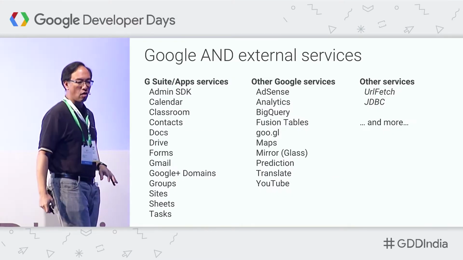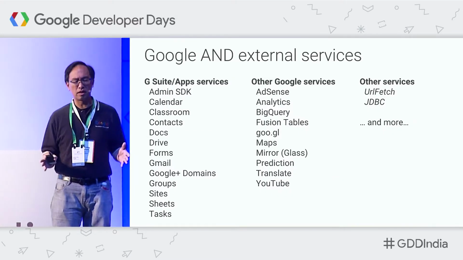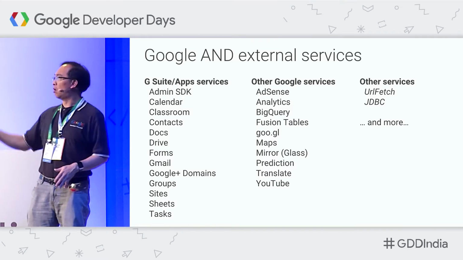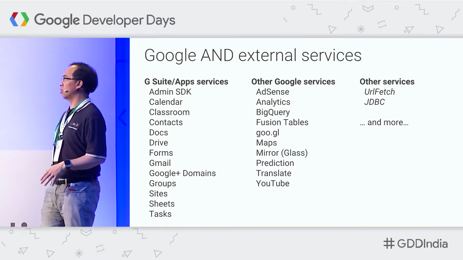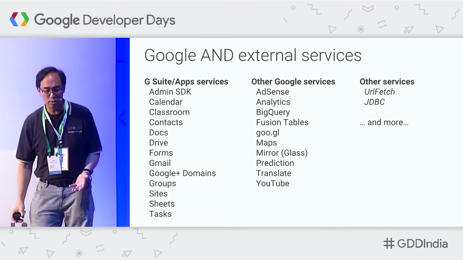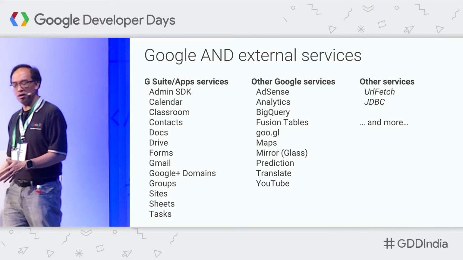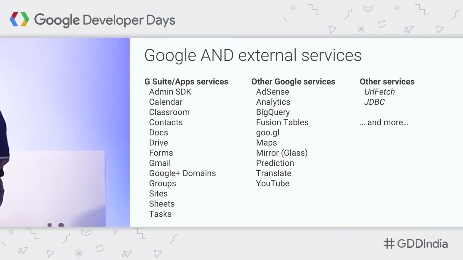All right, good. So what is the list of all the things that you can do with AppScript? Well, all the G Suite and Apps stuff that you know on the left-hand side, including ones that you probably don't know. All right, but then you can also talk to these other Google services in the middle column. And then finally, we don't want to constrain you, right? Maybe you need to leave Google. You need to access services that are available online somewhere else, somewhere in your data center, something that belongs to your company.